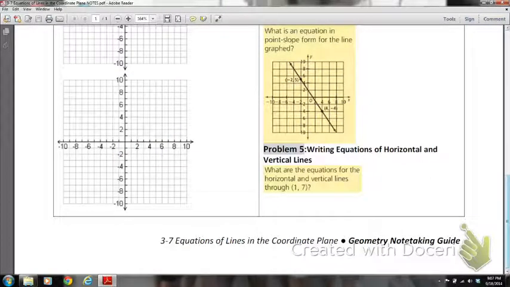In problem 2b, we are going to graph y minus 2 equals -2/3 times x plus 4.